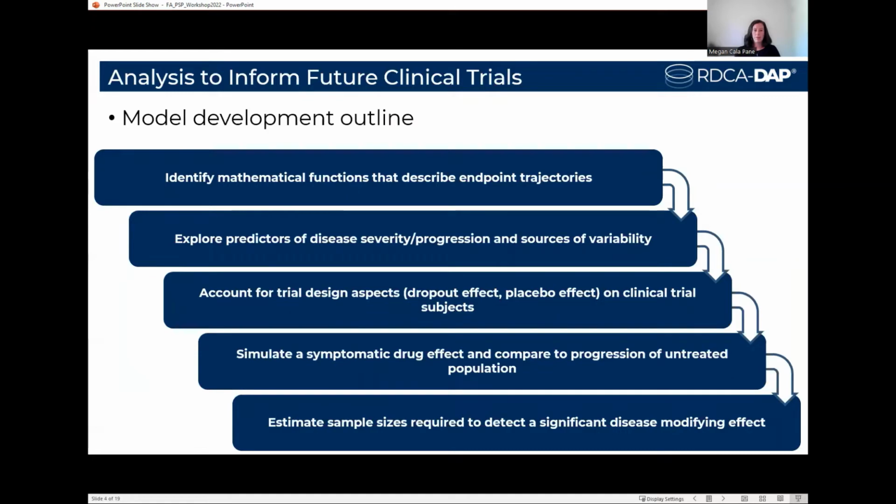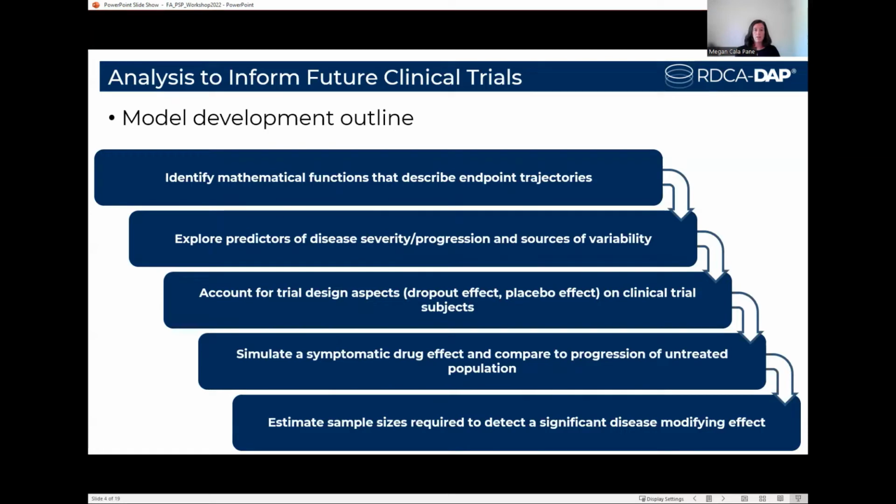At a very high level, this schematic shows an outline or a roadmap of the key steps in the development of a disease progression model, where the end goal here is to have a tool that can be used to inform future clinical trials and to generate insights from data. So first is the identification of the mathematical functions that describe the trajectories of the endpoints or biomarkers of interest in the disease.